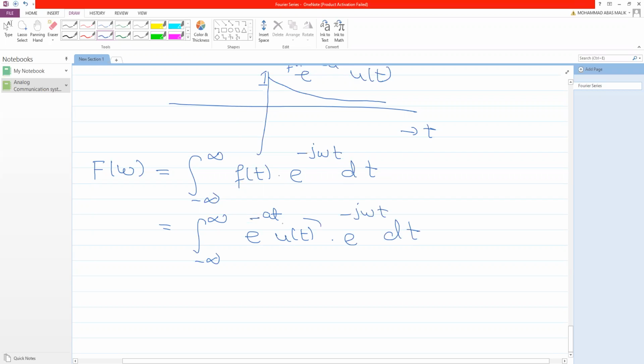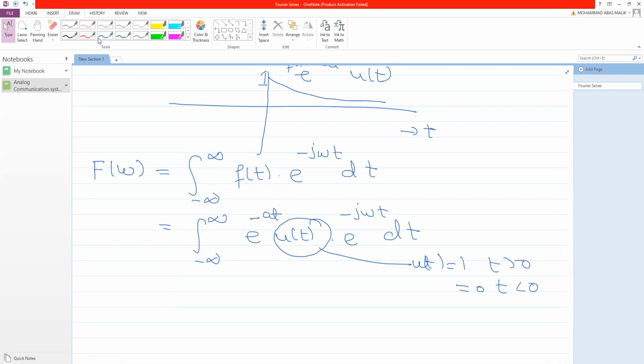Can I say this signal is defined only where u(t) is equal to 1 when t is greater than 0, and this is equal to 0 when t is less than 0, right? So for the negative part, this will be equal to 0.